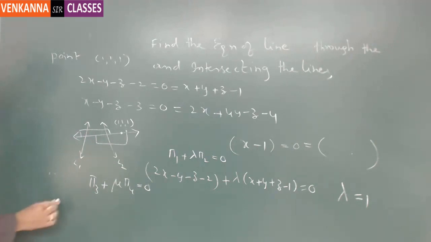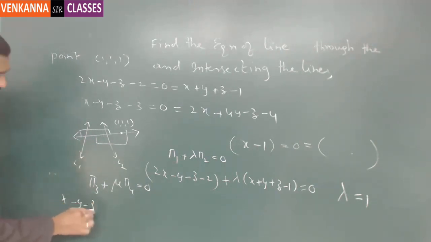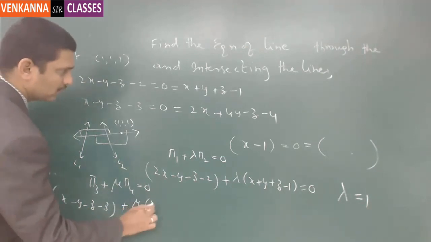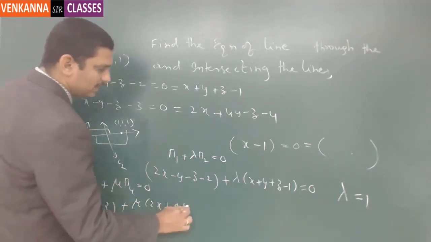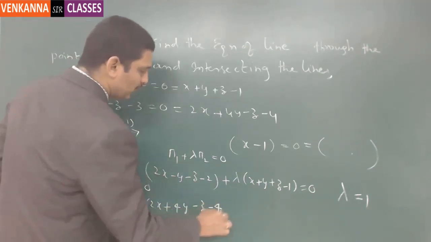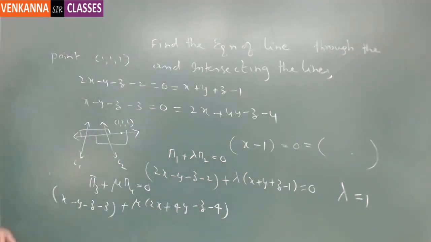So it is nothing but x minus y minus z minus 3 plus mu into 2x plus 4y minus z minus 4. Again, I substitute the point 1, 1, 1 here. I will get the mu value as 4.